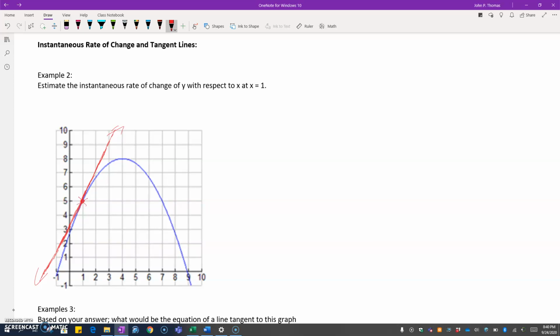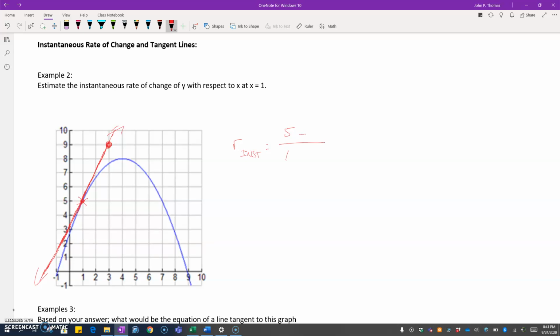So on that tangent line, I clearly have 1 point. The point I'm going to use on the tangent line is 1, 5. And then I'm going to pick another point. I usually look for something that's pretty far away from the point we start with, and as close to a nice lattice point as I can so that I can get a pretty decent estimate. So we're going to use the point we knew, which was 1 comma 5, so 5 on top, 1 on bottom, and then we're going to pick the other point up here at the top.